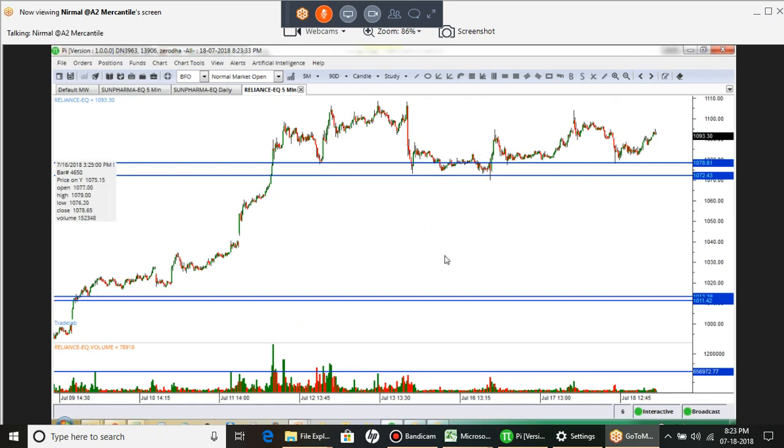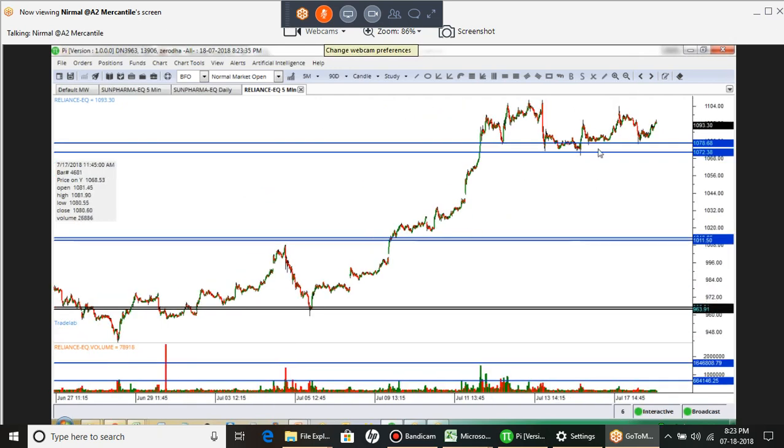Now, why is it not able to break these levels? Because on the short-term charts, what do you see the sector is? Bullish. Bullish. Bullish. Okay, very good.